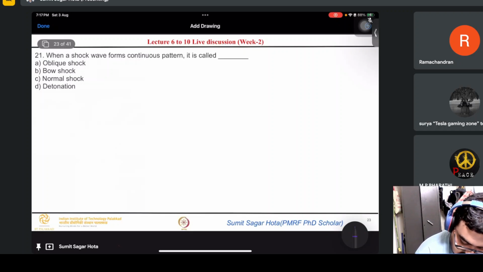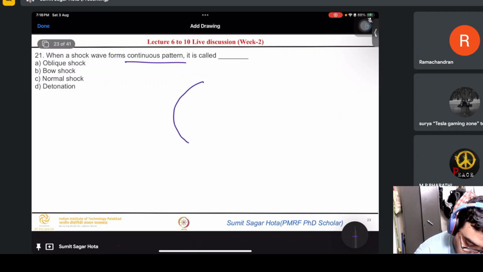I already told everything about this. But one of the characteristics of the bow shock is that it forms in a continuous pattern. It does not mean that everywhere it is continuous, only at the position where it is forming.